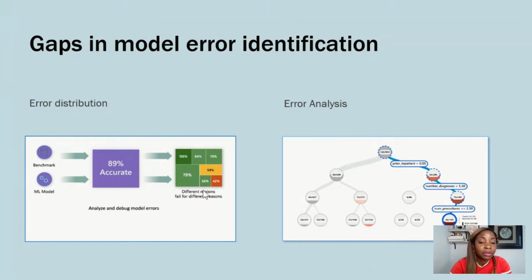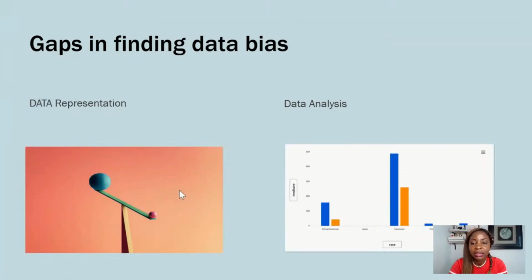And this could be an even critical demographic for your use case or for your product that you're shipping out. So these are areas that we need to be mindful of when we're debugging to figure out, okay, what are the demographics that are going to be negatively impacted by this model. So that's where we have error analysis.